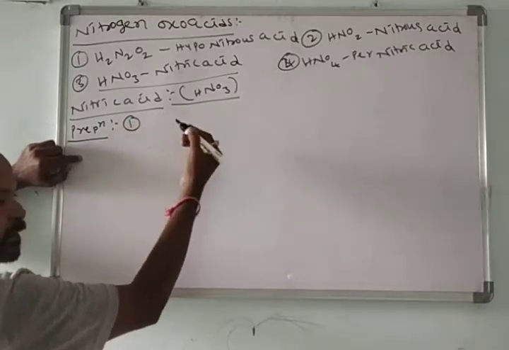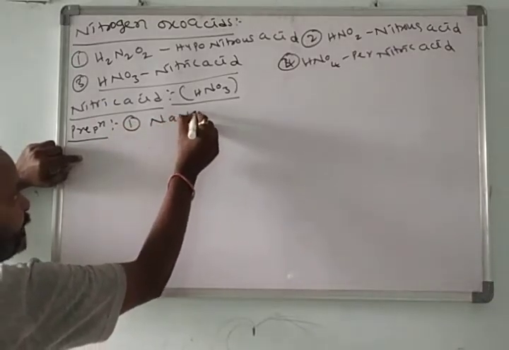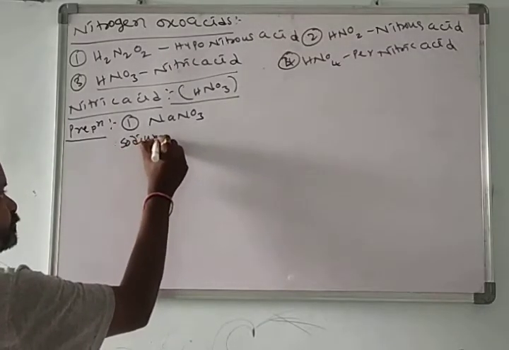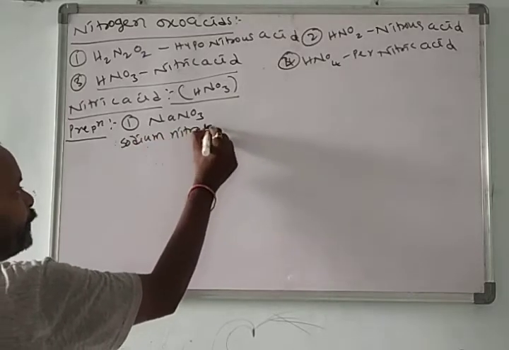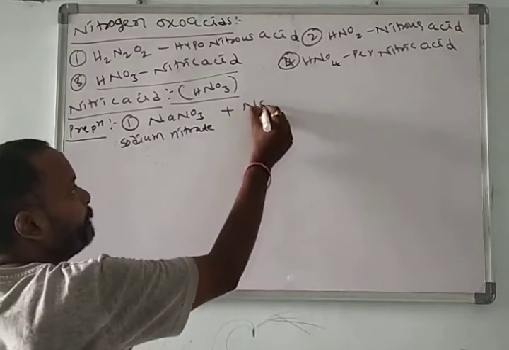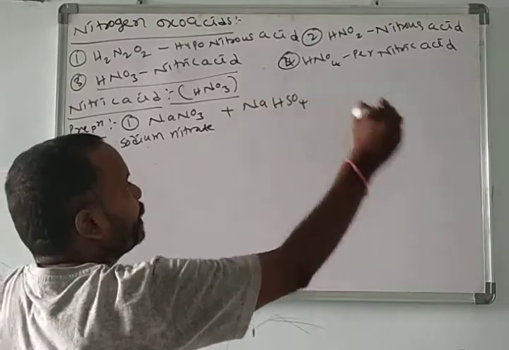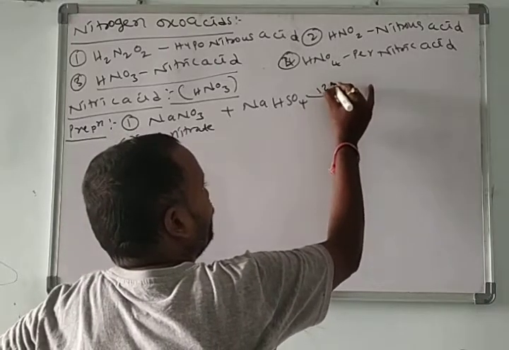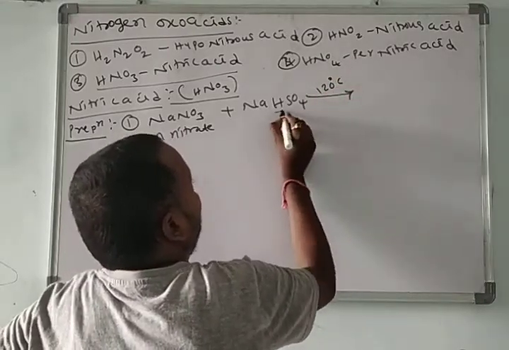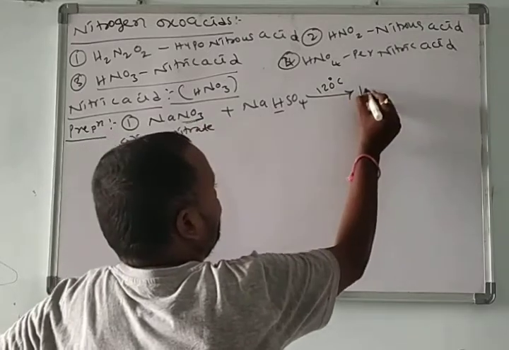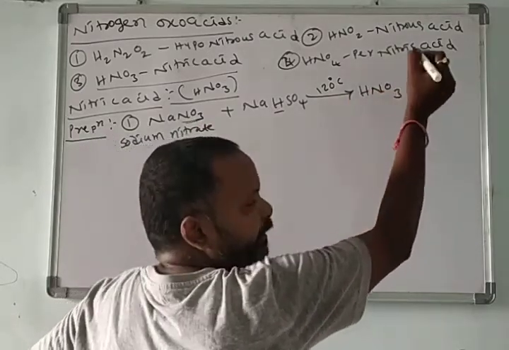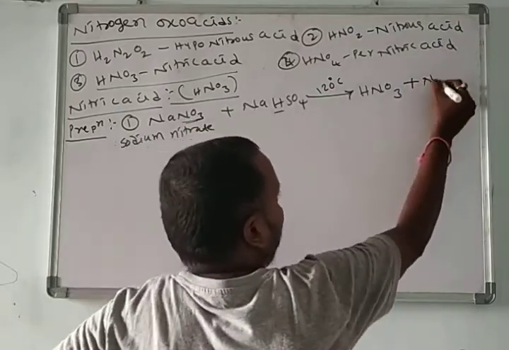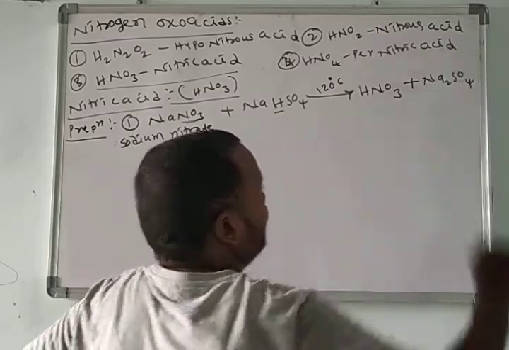The first method: sodium nitrate reacts with sodium bisulfate, heated at 120 degrees centigrade. The hydrogen reacts and forms HNO3, nitric acid, and here SO4 with 2 Nas forms Na2SO4, sodium sulfate.